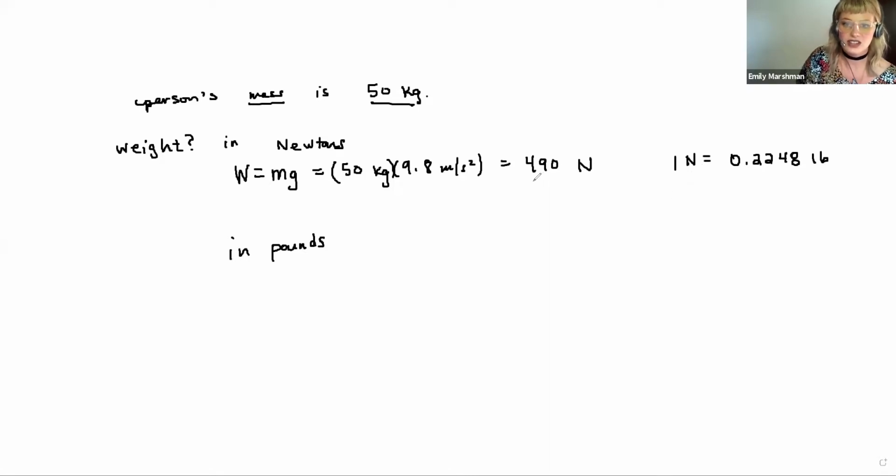So if I wanted to know what her weight is in pounds, all I need to do is use the conversion factor between newtons and pounds. I start with what I'm given, it's 490 newtons. Then I multiply by the conversion factor. 1 newton on the bottom, so the newton units cancel. 0.2248 pounds on the top.